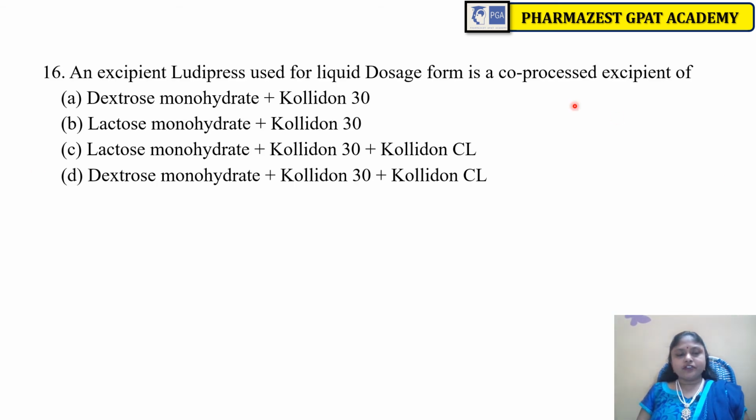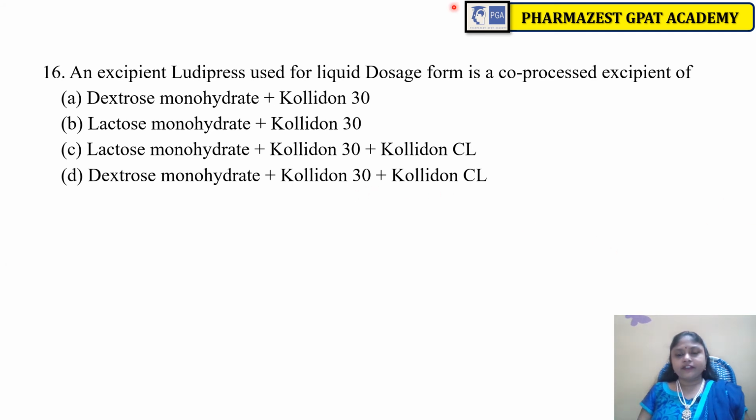Now coming to the next question. An excipient called Ludipress used for liquid dosage forms is a co-processed excipient of: A. dextrose monohydrate plus Kollidon 30, B. lactose monohydrate plus Kollidon 30, C. lactose monohydrate plus Kollidon 30 plus Kollidon CL, and D. dextrose monohydrate plus Kollidon 30 plus Kollidon CL.